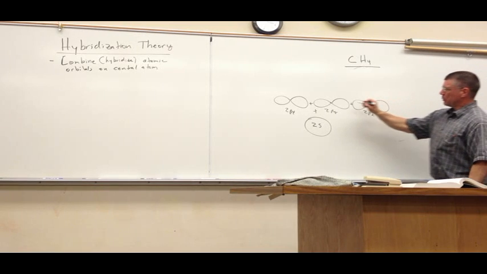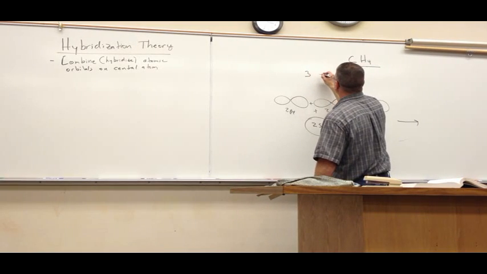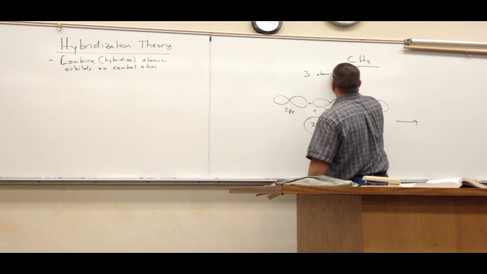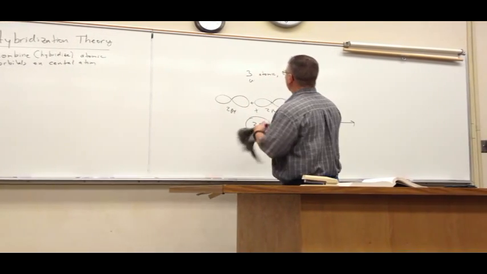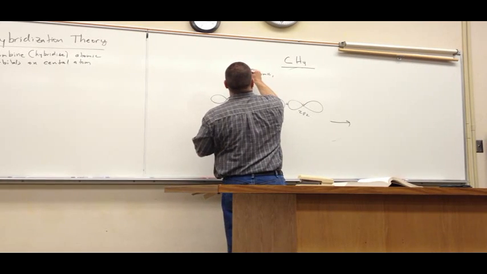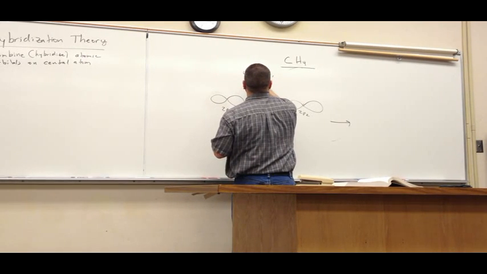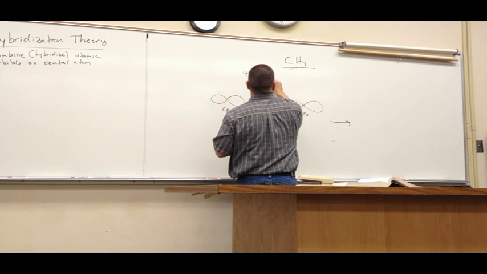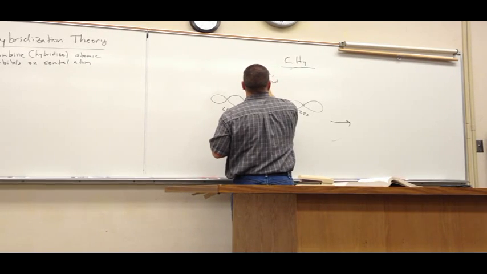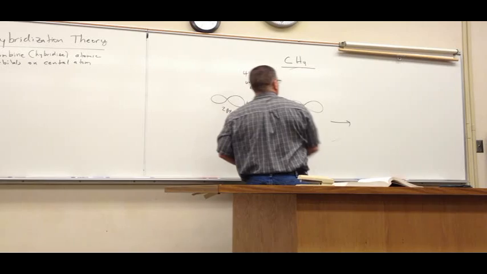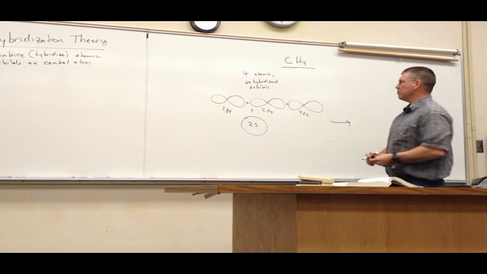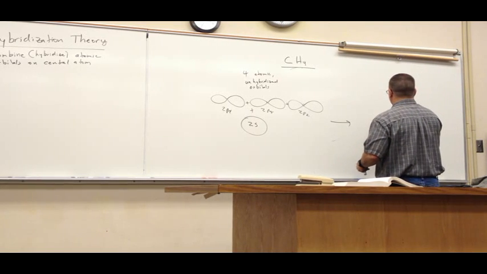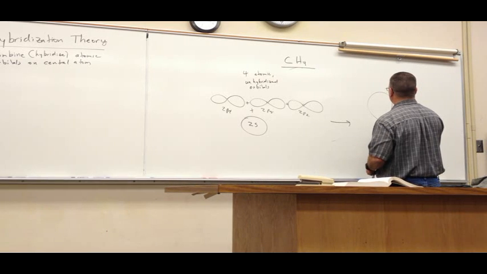The thing is, we start with 3 atomic orbitals here. No, 4, what am I saying? And we end up with 4 atomic, localized, but hybridized orbitals. There's better pictures in your textbooks, but it looks something like that.